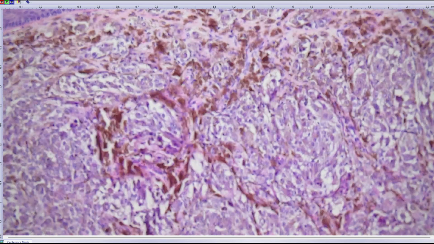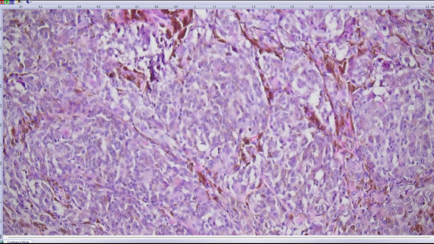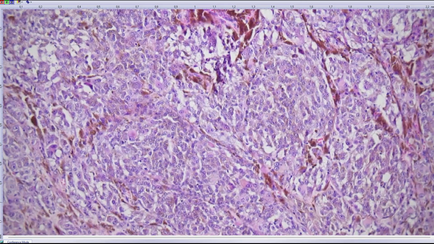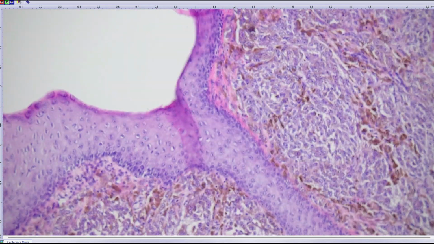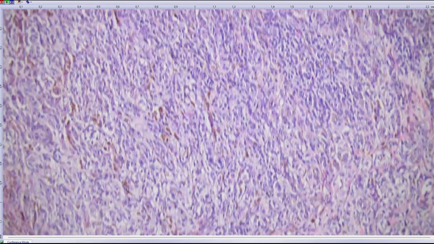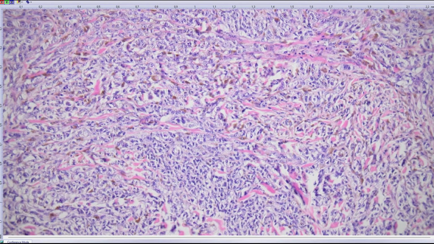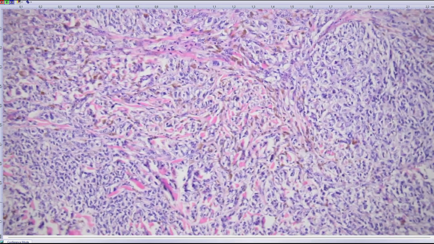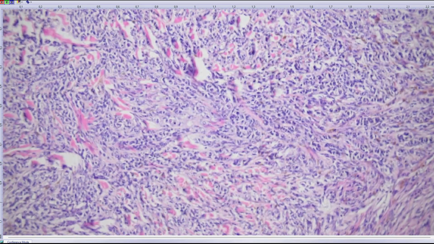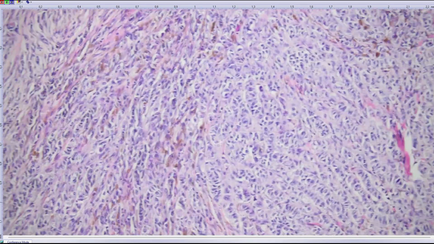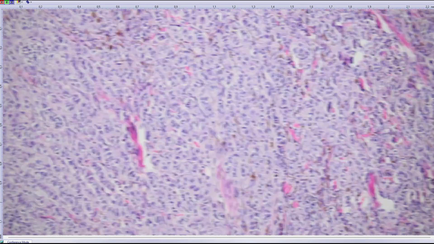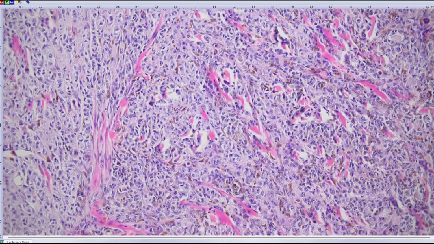It was GNAS mutated on molecular genetics, and it had even a third mutation. The third mutation in such pigmented lesions is very important for malignant lesions, but I think in this case it's obvious that the lesion is malignant. But the GNAS mutation says that these malignant lesions arose from cellular blue nevus.